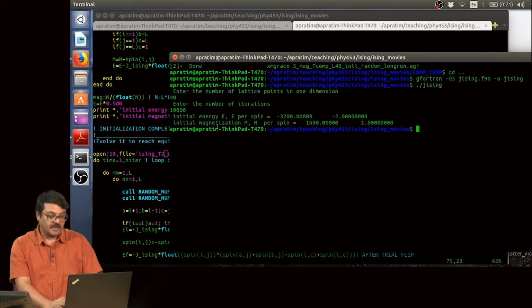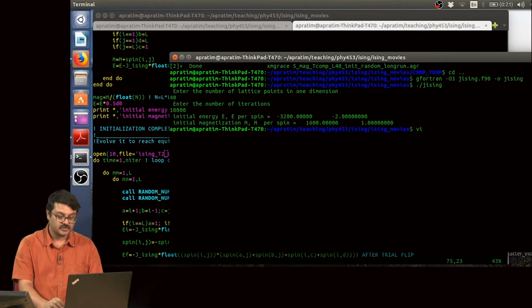Initial magnetization: all the spins are pointing up, so the total instantaneous magnetization is 1600, there are 1600 spins, and the initial instantaneous magnetization in that particular microstate is +1. This is basically m per spin.